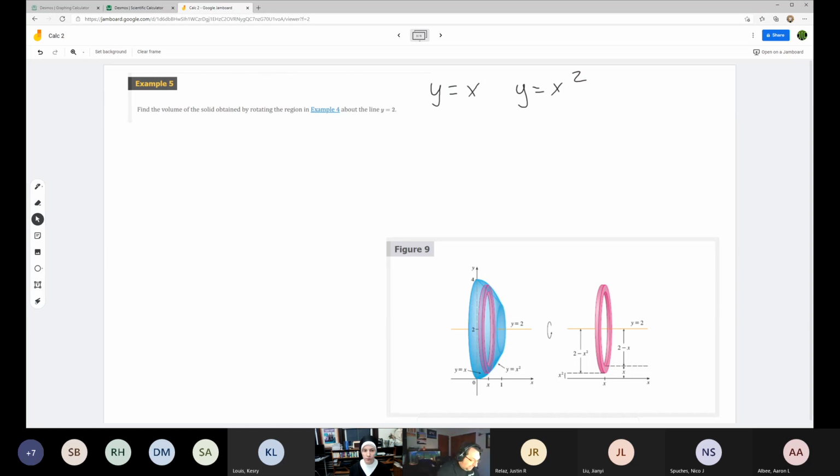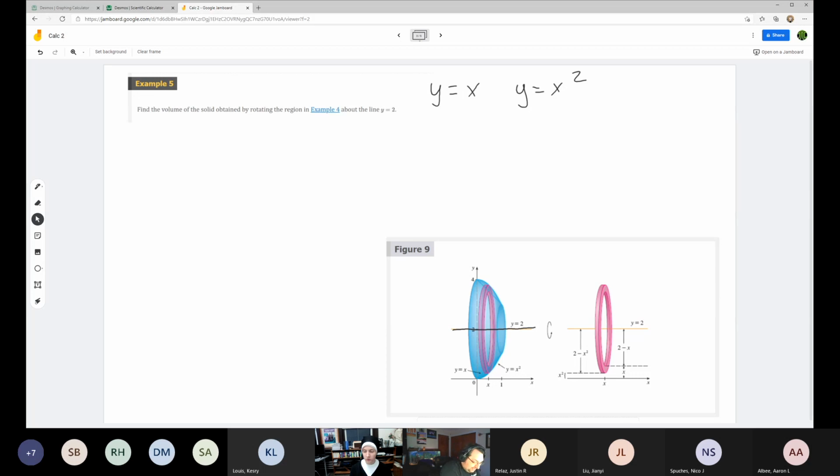The difference in this case is where we're rotating it around. Instead of going around the x-axis, we're doing it around y equals 2. So it's shifting up here. That's going to be my rotation line. When I'm looking for which radius is outside and which radius is inside, that's what I have to keep in mind. I'm doing the radius to the rotation line.